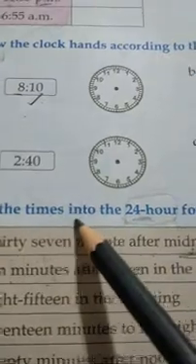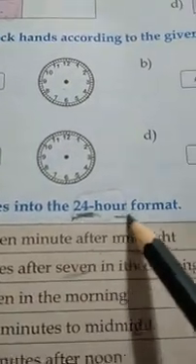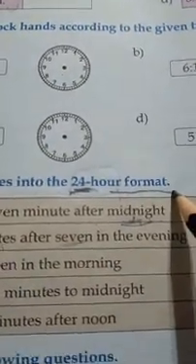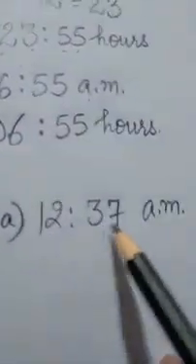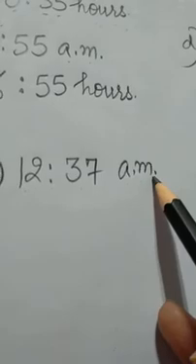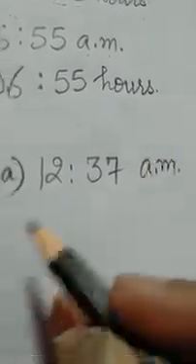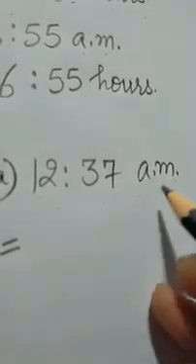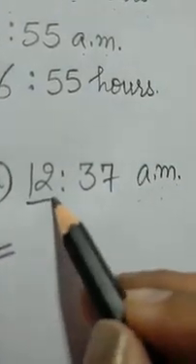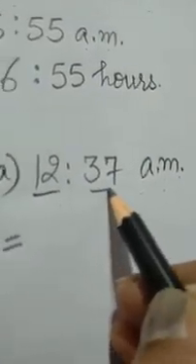But here in the heading, if you read carefully, we have to tell the time according to the 24-hour format. And when there is midnight, the day will start according to the 24-hour clock. So according to the 24-hour clock, the day has started and only 37 minutes have passed.